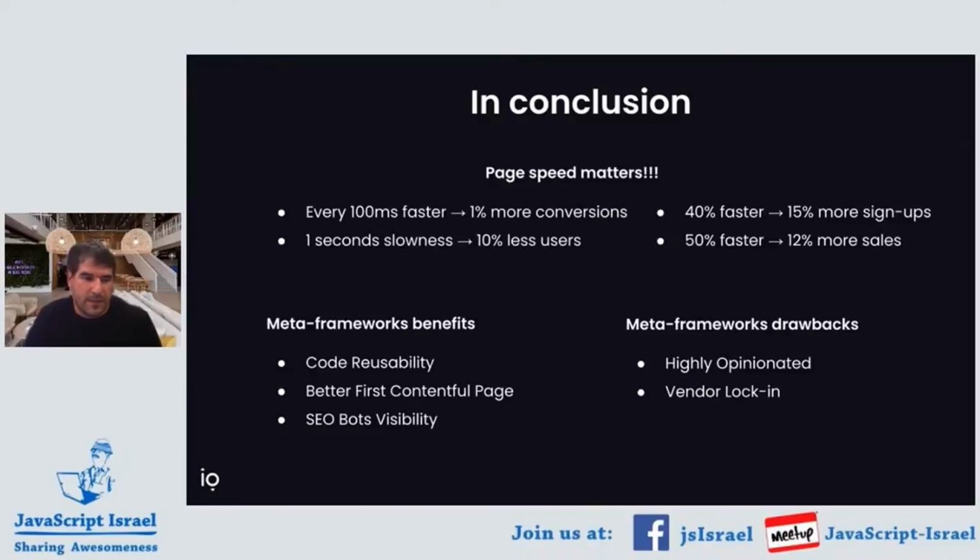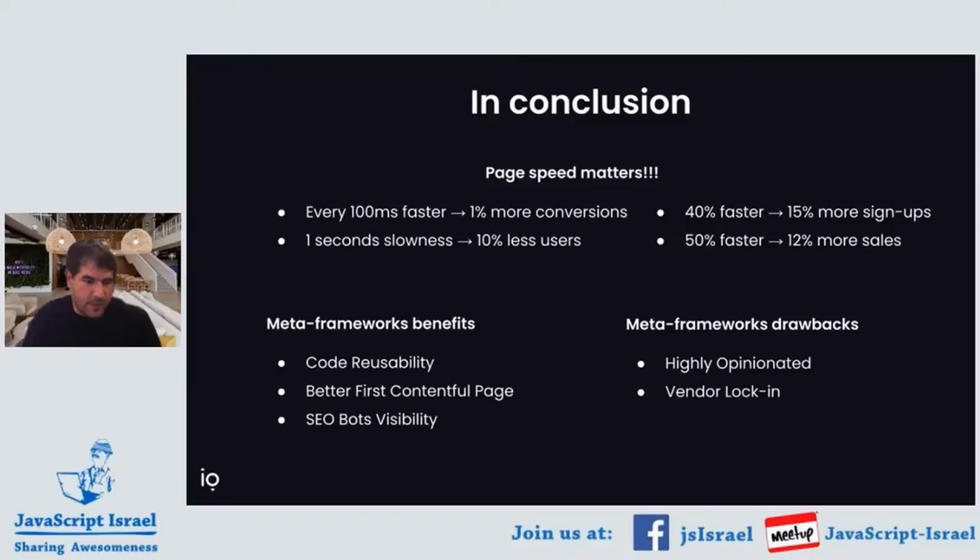Every 100 milliseconds faster is around 1% more conversions, which basically means a lot more people using your product. In addition, 1 second of slowness means 10% fewer users. There is a lot of churn involved, as well as the ability to bring in more clients at the sign-up level and finally convert them to sales.